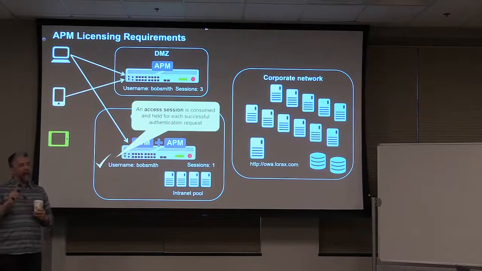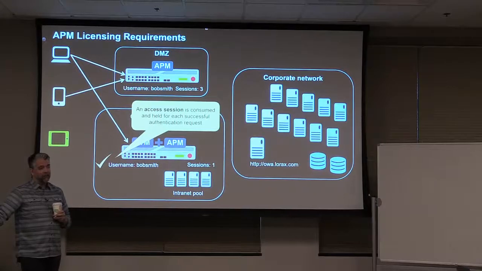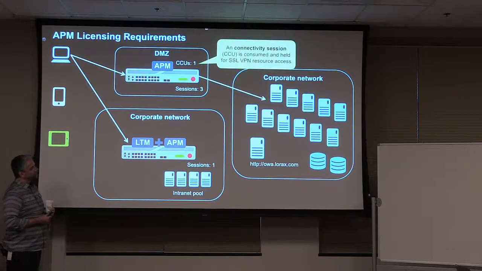The only thing that cannot happen is Bob cannot have two access sessions from the same device to the same APM, with the only exception being if they're running some sort of VMware virtualization and they have a different access session from a different VM of some sort. So that's our access sessions.